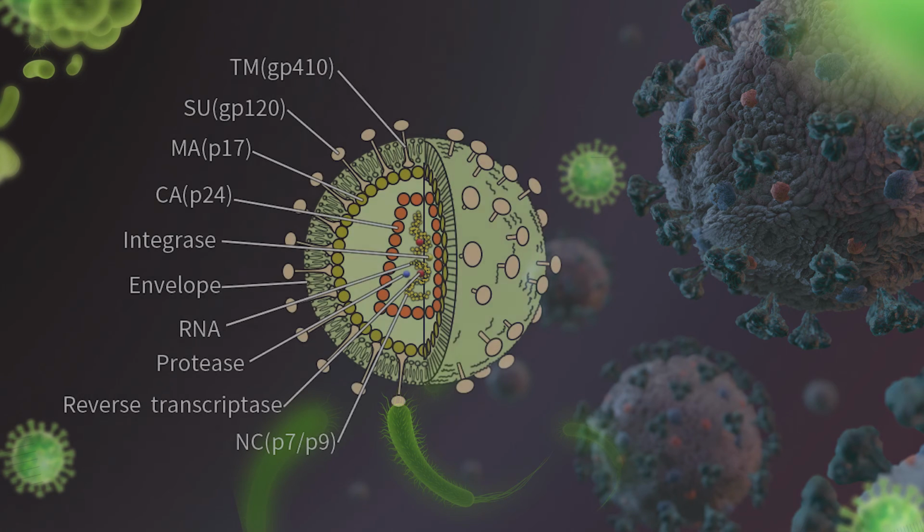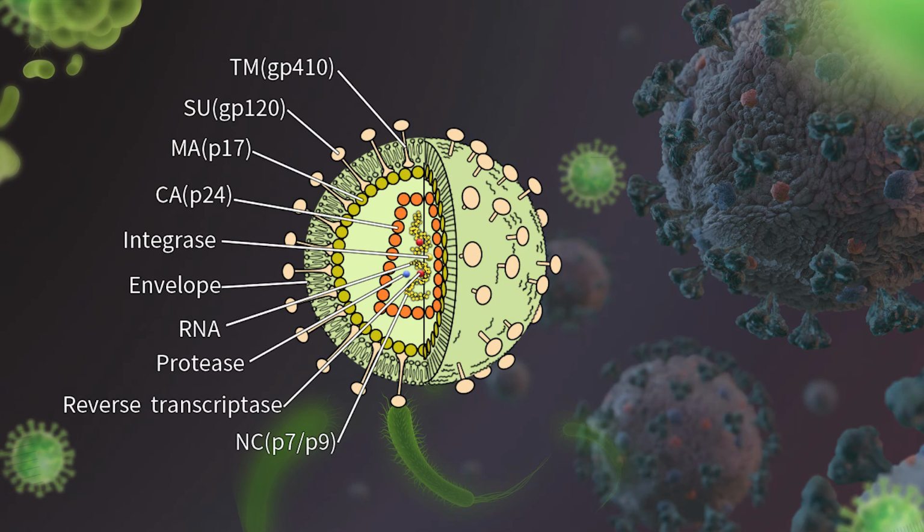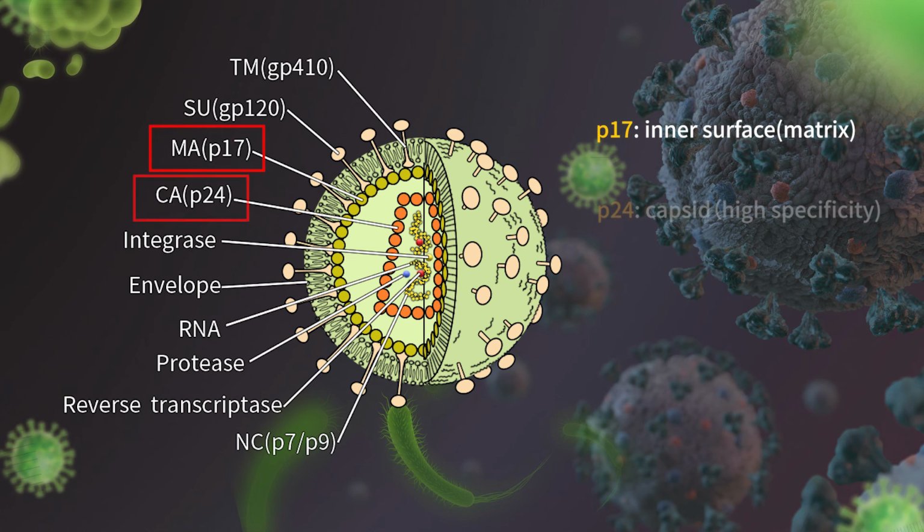As mentioned previously, GAG encodes group-specific antigens, including capsid, matrix, and nucleic acid binding proteins. Within the envelope is the viral matrix, P17, and the core or capsid, P24.